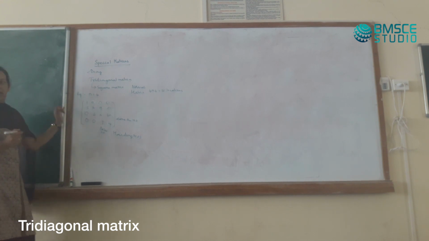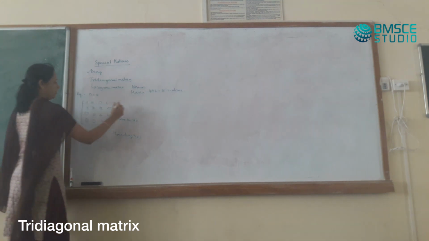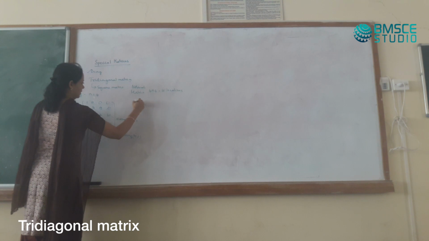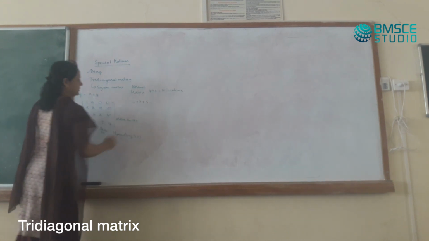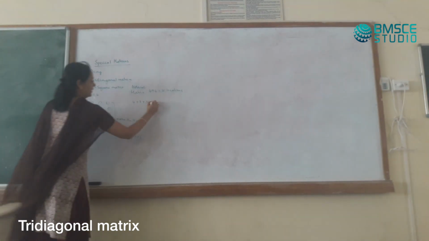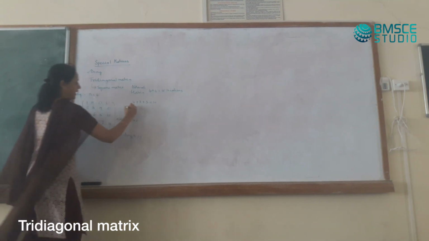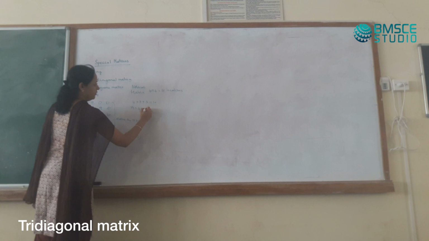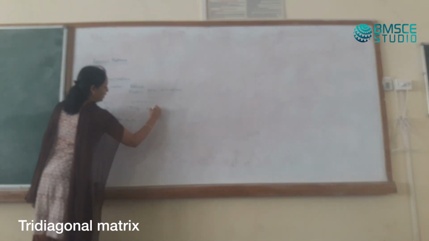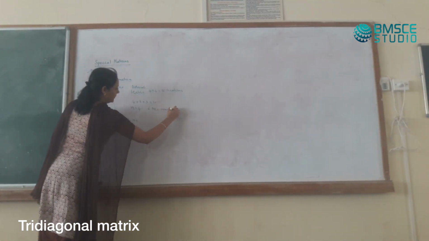Whatever be the dimension, we will have data along the 3 diagonals only: principal diagonal, one above and one below. So we have 4 plus 3 plus 3, which is 10. When the dimension is 4, we have 6 memory locations wasted.